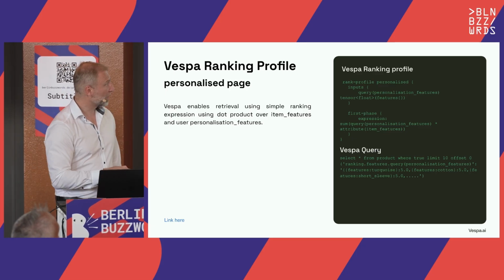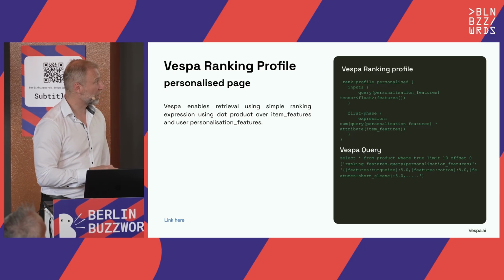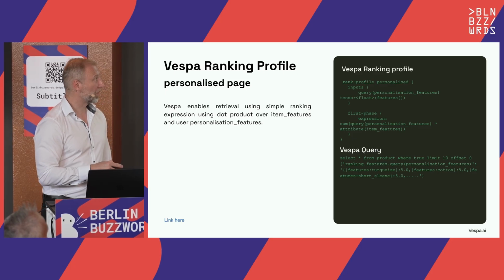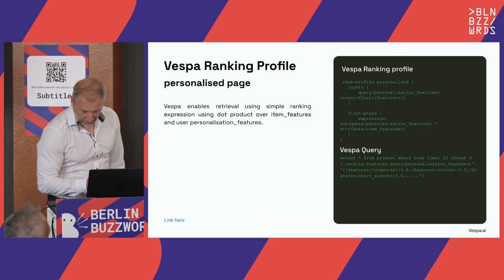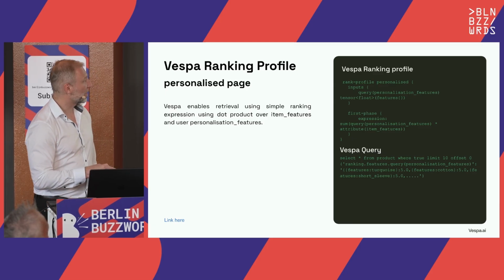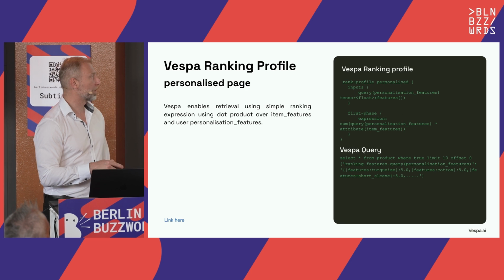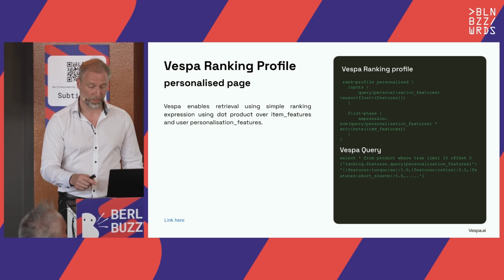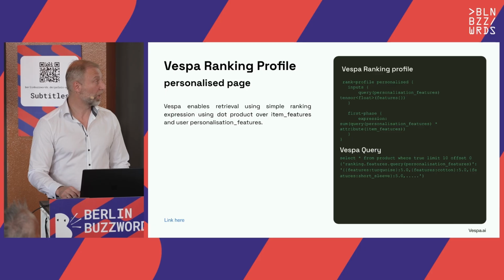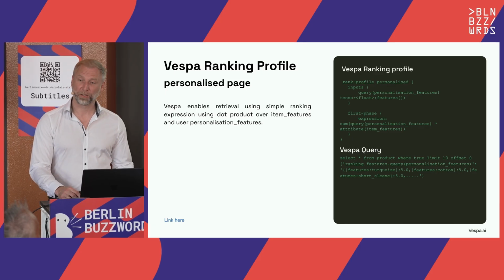And then how the query is done. A query in Vespa is done very similarly to an SQL expression here. And then you have ranking features which we pass, basically this vector which is passed here. So Vespa enables you to pass anything into the ranking profile.